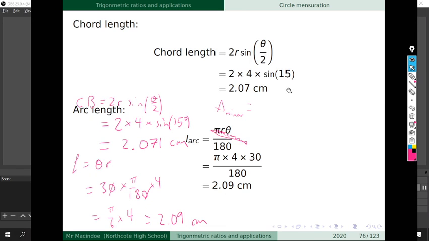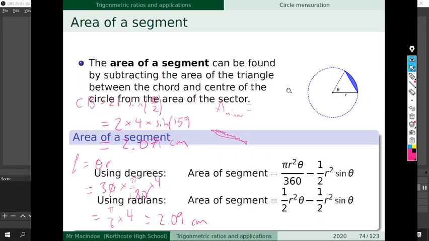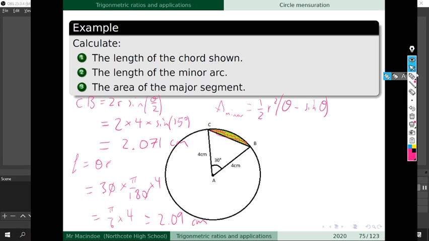So the area of the minor segment. Let me go back and have a quick look at what my area of a segment is. If I'm doing radians, I've got half r squared theta, take half r squared sine theta. We could do a bit of factoring. We could take out a factor of half r squared, and we just get theta take sine theta in here. That might be nice.